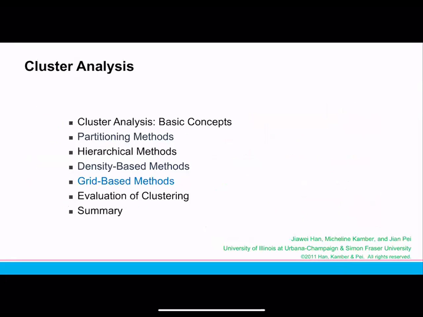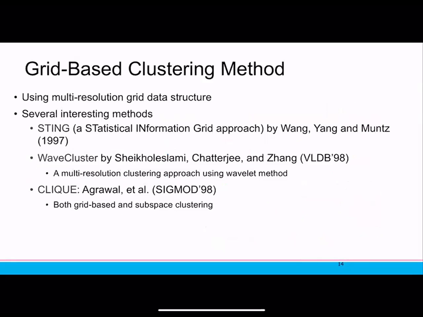For the next, we can learn about the grid-based method. The grid-based method means we have multi-resolution. Do you know what is meant by resolution? If you know a camera, your camera has resolution. It means if your camera is good, the resolution will be high.